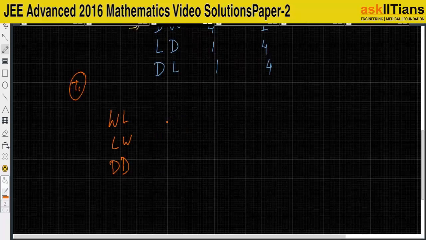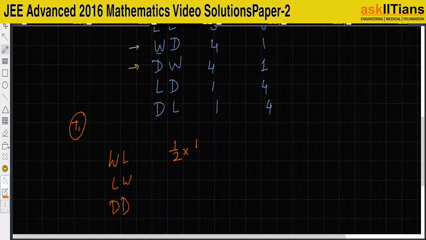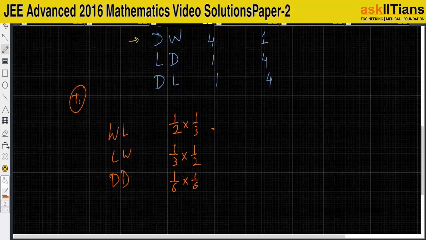So T1 wins the first match is 1 by 2, and loses is 1 by 3. Loses is 1 by 3, wins is 1 by 2, draw is 1 by 6, draw is 1 by 6. So this is 1 by 6, 1 by 6, and 1 by 36.